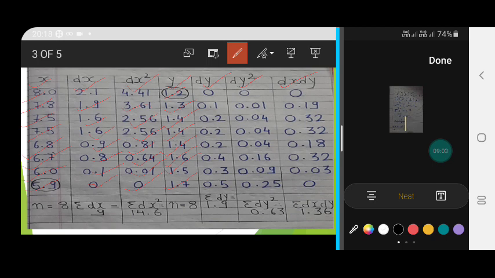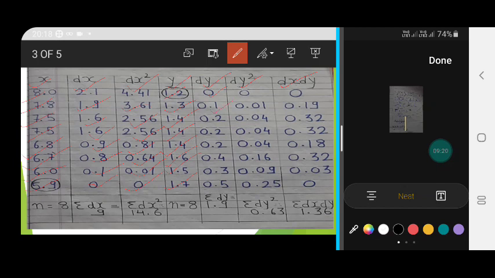Then how do we calculate the value of dy? We do y minus assumed mean. The first item is 1.2, so 1.2 minus 1.2 comes to 0. Then 1.3 minus 1.2 comes to 0.1.